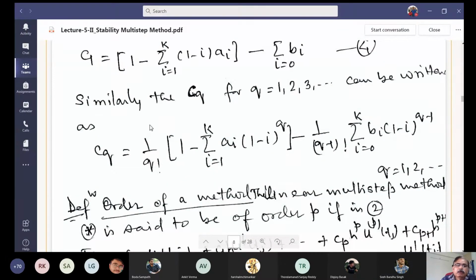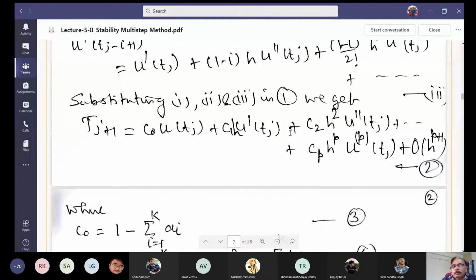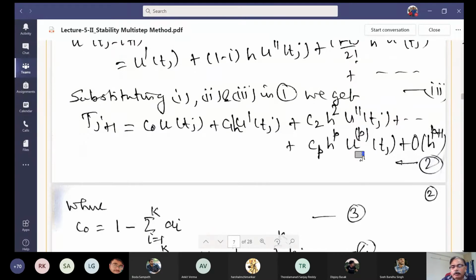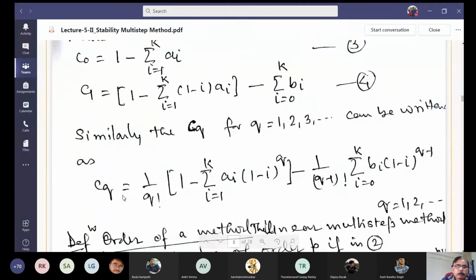Similarly, we can write C_q, which will be the coefficient of other powers of h, meaning h squared u double prime, and so on up to h to the power p and the p-th derivative of u. So that general one we can write as C_q with 1 by q factorial. Shall I leave this for you people to verify?